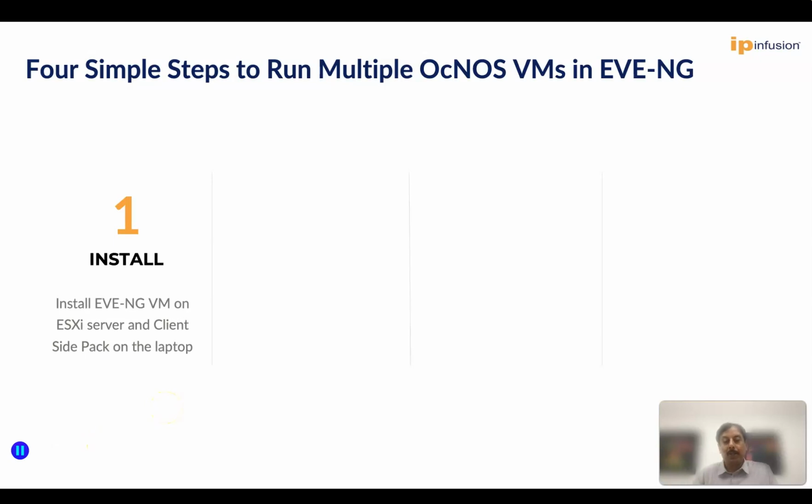First, we will be installing EVE-NG VM on an ESXi server. Also, you will install the client-side pack that is needed to access the console of the switches from your laptop. Second, you will install Linux server VM and OcNOS VM inside EVE-NG.